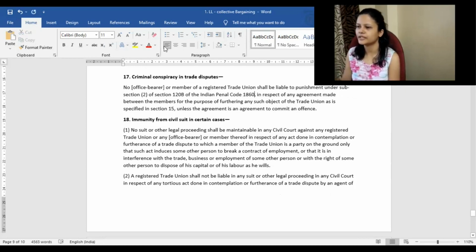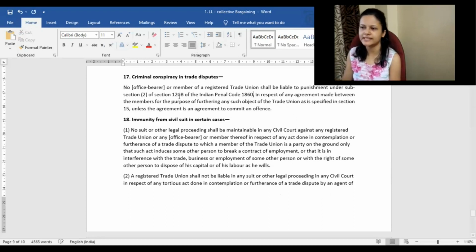Criminal conspiracy as given under IPC section 120B, they will be getting immunity, whether it's office bearers or the members of the trade union, because it's very obvious that they would be sitting together and deciding what needs to be done, how they can achieve their objectives and so on.